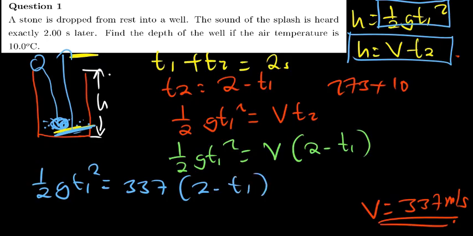So I can now plug in half. Since it was going down, the g will be positive because it was going toward the gravity, so it will be 9.8. Then t1 squared is equal to, if I multiply these two, I'll say 337 times 2, which is 674.